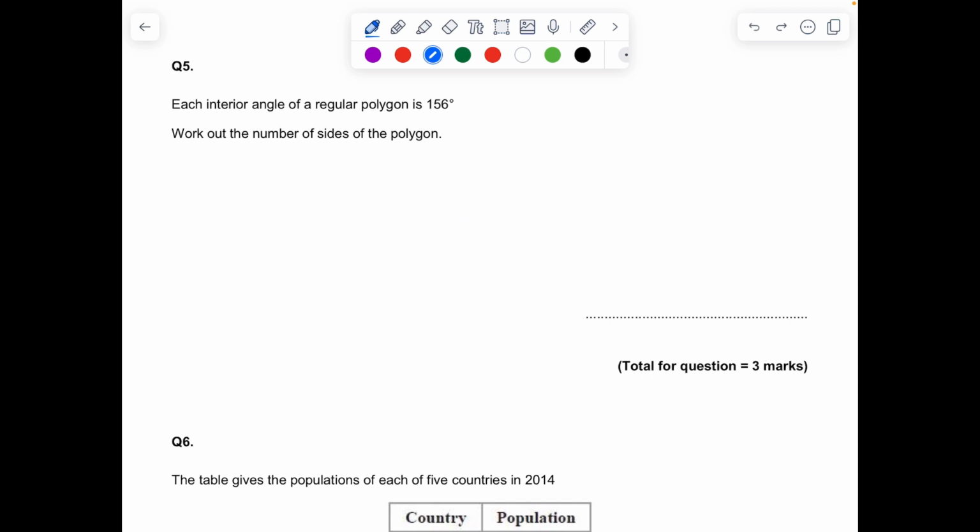But actually, let me make it a little bit more believable. So that is 156. That's our interior angle. And this is our exterior angle that we can work out. So interior and exterior angles add up to 180 because they're on a straight line.